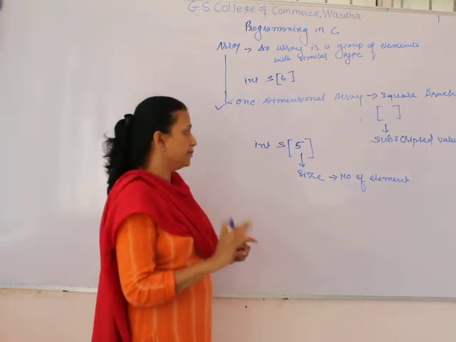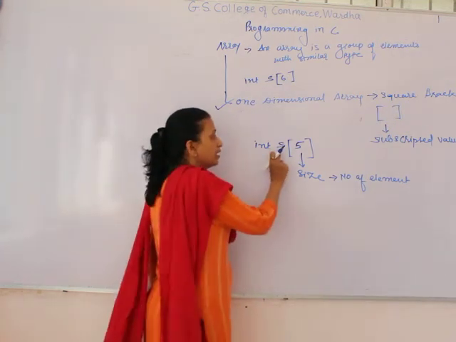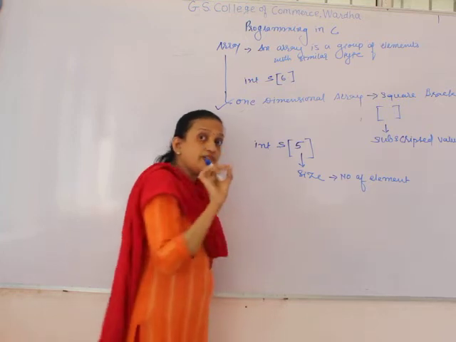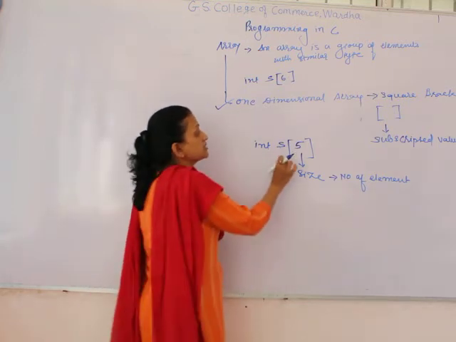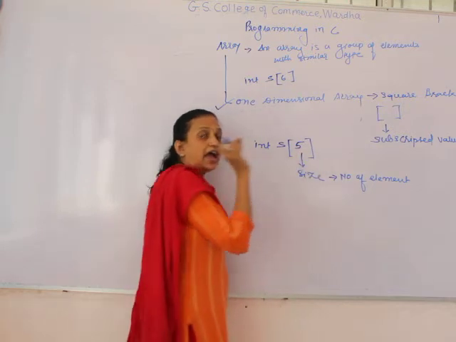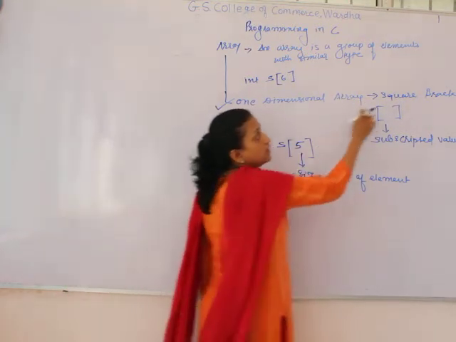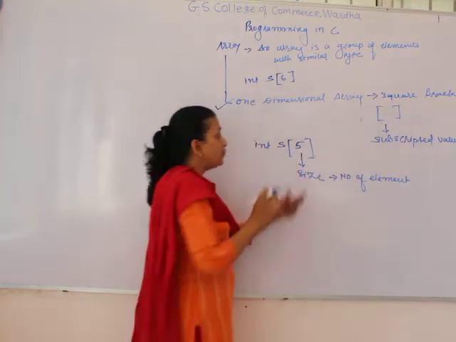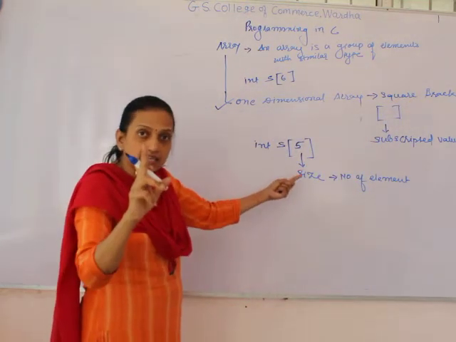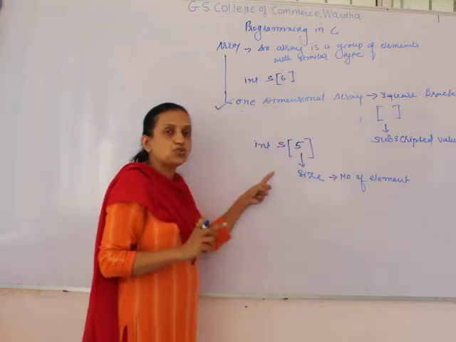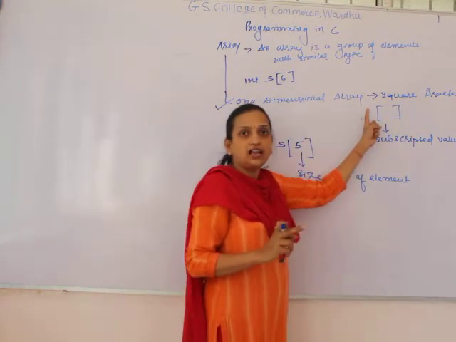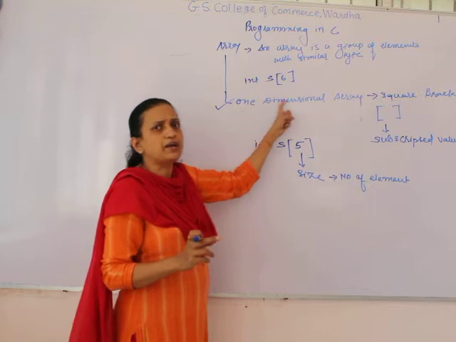Now see what I told you, an array variable is always declared with the subscripted value, and the subscripted value is always defined in a square bracket. When we use a single square bracket, it is known as a single dimensional array, or you can say one dimensional array.